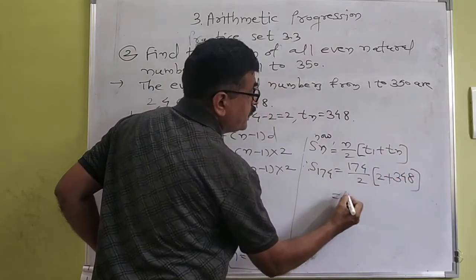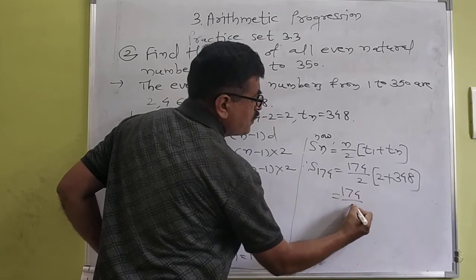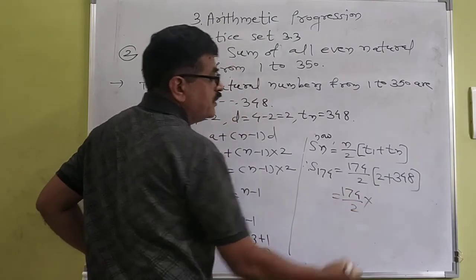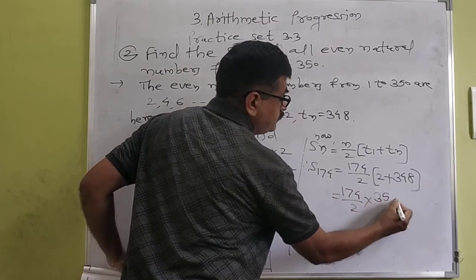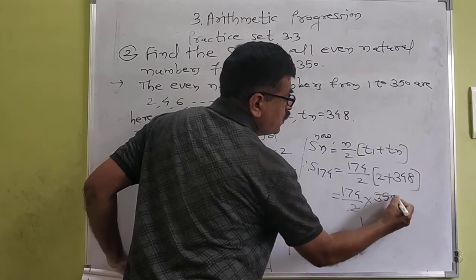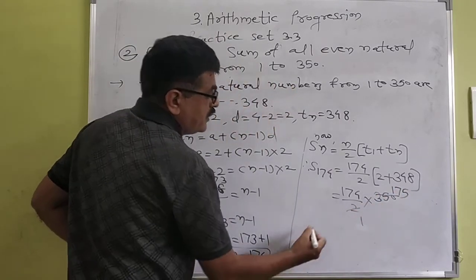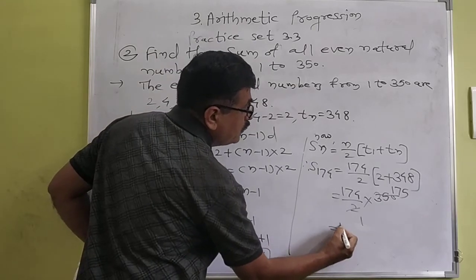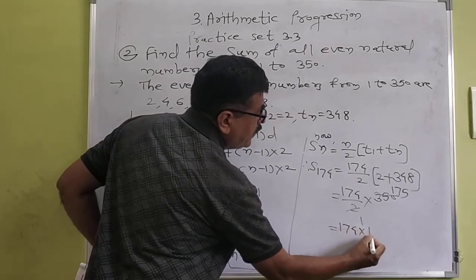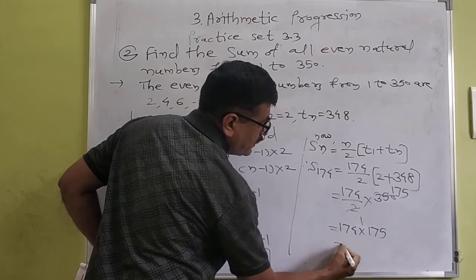Take the addition: 174 upon 2 into 350. Dividing by 2, 175. Therefore it is equal to 174 into 175.